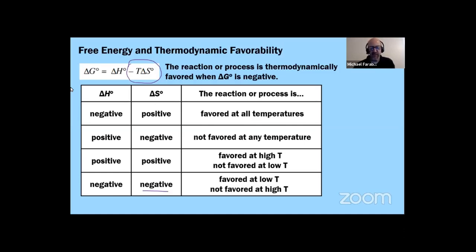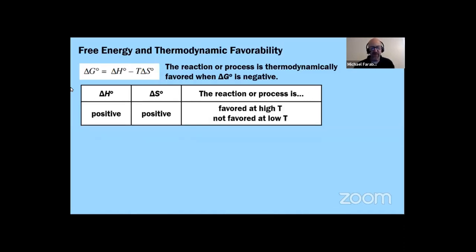So I'm going to go ahead and explain a little bit more about these last two scenarios. When I say favored at high temperatures or low temperatures, what does that mean? So these are my it depends situations. Okay, so I want delta G to be negative. That means it's favored. This is not helping me.